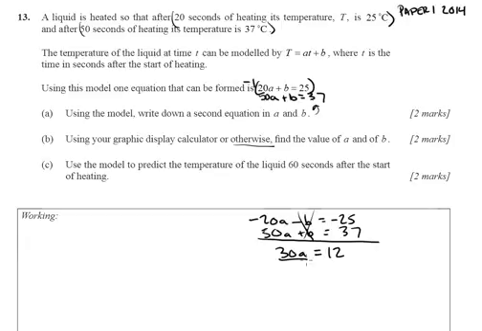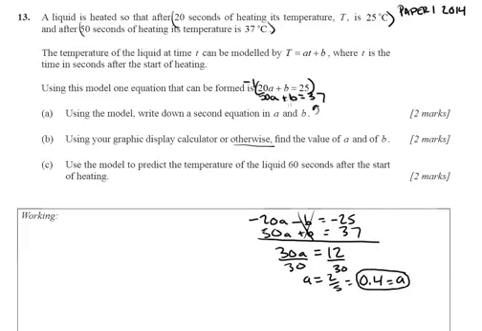So to find A, divide by 30, and we get A equals 12/30ths, which is, let's see, divide both by 6, and that's 2/5, which is 0.4. I'm going to go with that. Okay, so A is 0.4.